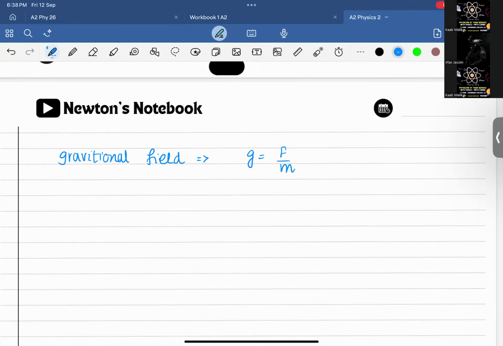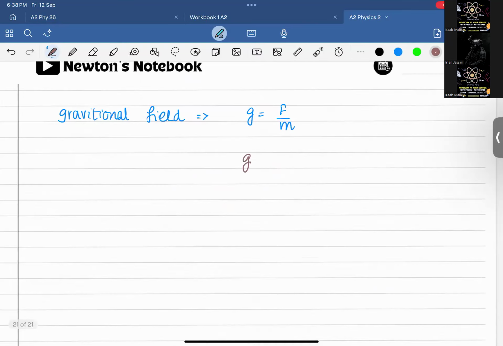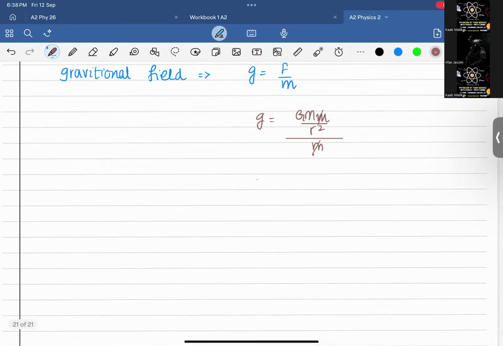This is the gravitational field, force per unit mass, right? And if we put the value of F, it will become g equals GMm over R squared divided by mass. So you can cancel the mass out and you'll be left with g is equal to GM over R squared, right? So this will be the formula for the gravity that we are going to use.